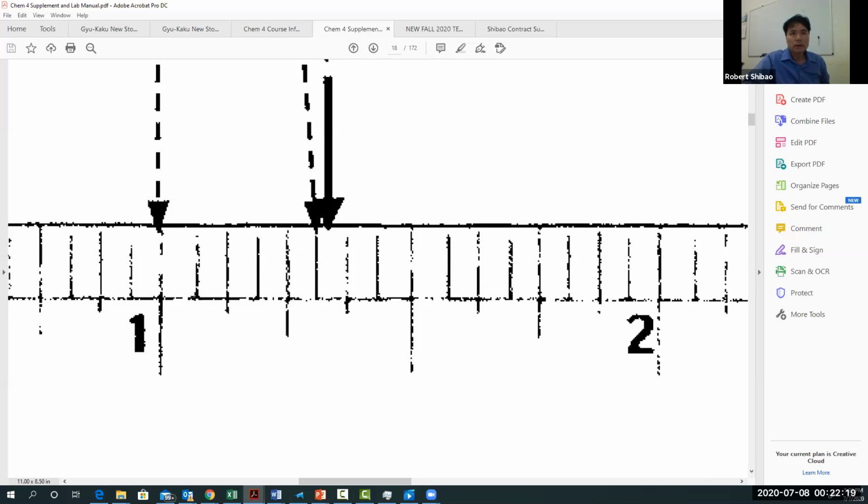Okay, this is measuring in sixteenths. So this is 1, and this will be 1/16, 2/16, 3/16, 4, 5, 6, 7, 8. 8/16 is halfway. 9/16, 10/16, 11, 12, 13, 14, 15, 16/16. So this has fairly high precision.